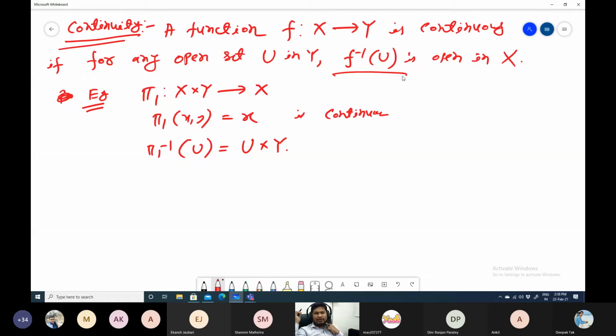That means, give me a collection where if we check that f inverse of U is open for that collection, then it is sufficient to say that f is continuous. We don't need to check for every open set. Can you give me that collection?